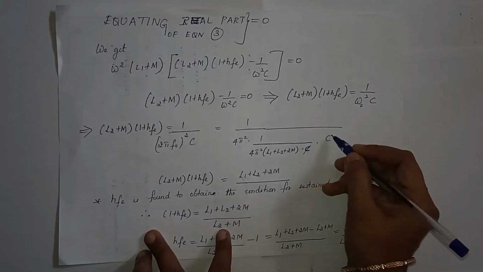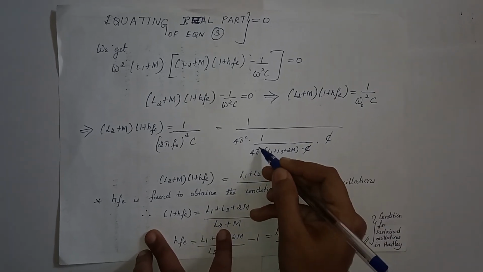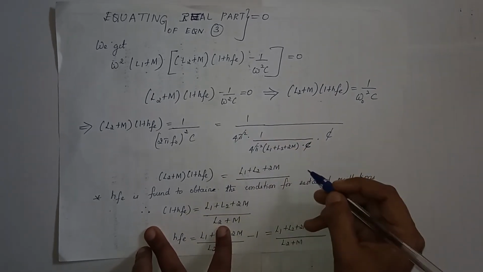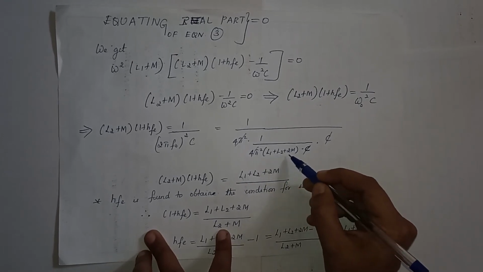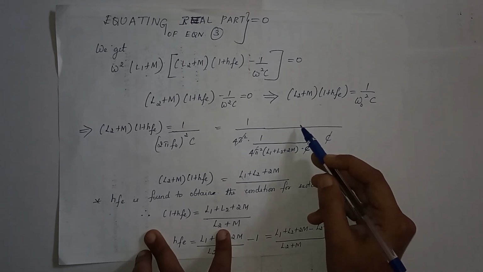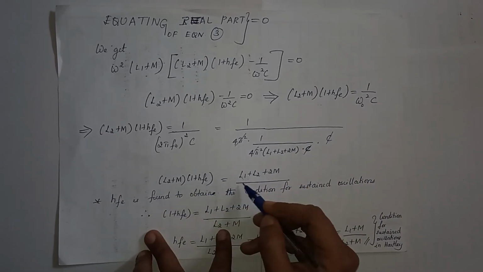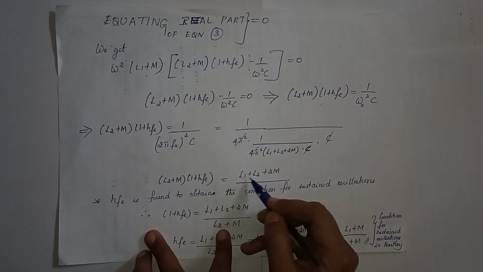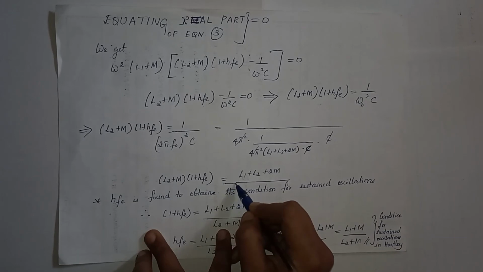So this C and this C, both terms will get cancelled. And similarly the 4 pi squared and the 4 pi squared will get cancelled. So this term of 1 divided by (L1 plus L2 plus 2M) can be brought up to the numerator. So I can write the equation as (L2 plus M) into (1 plus HFE) is equal to L1 plus L2 plus 2M. So this is your equation.